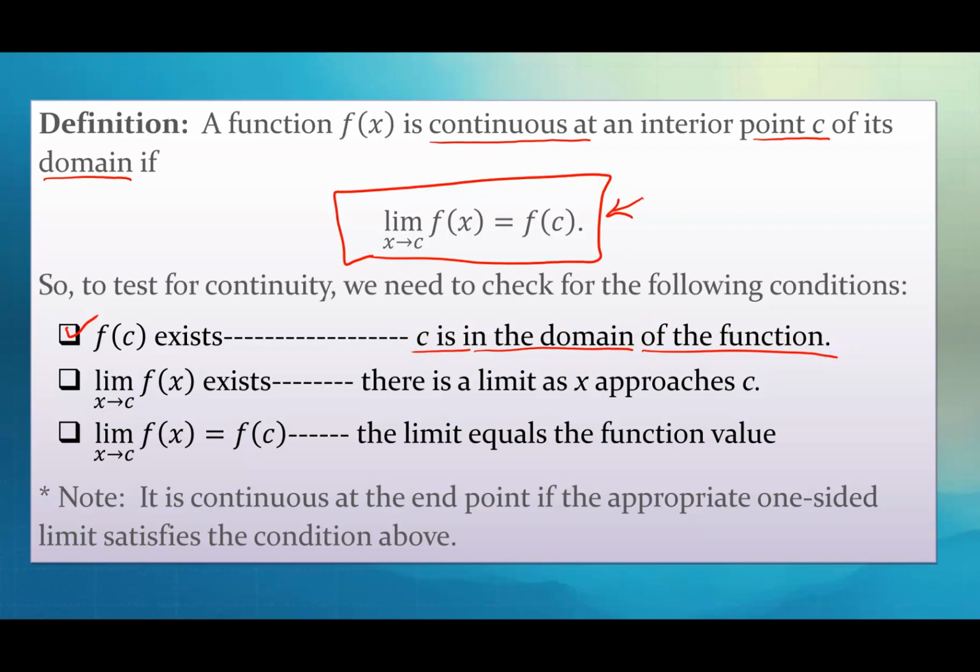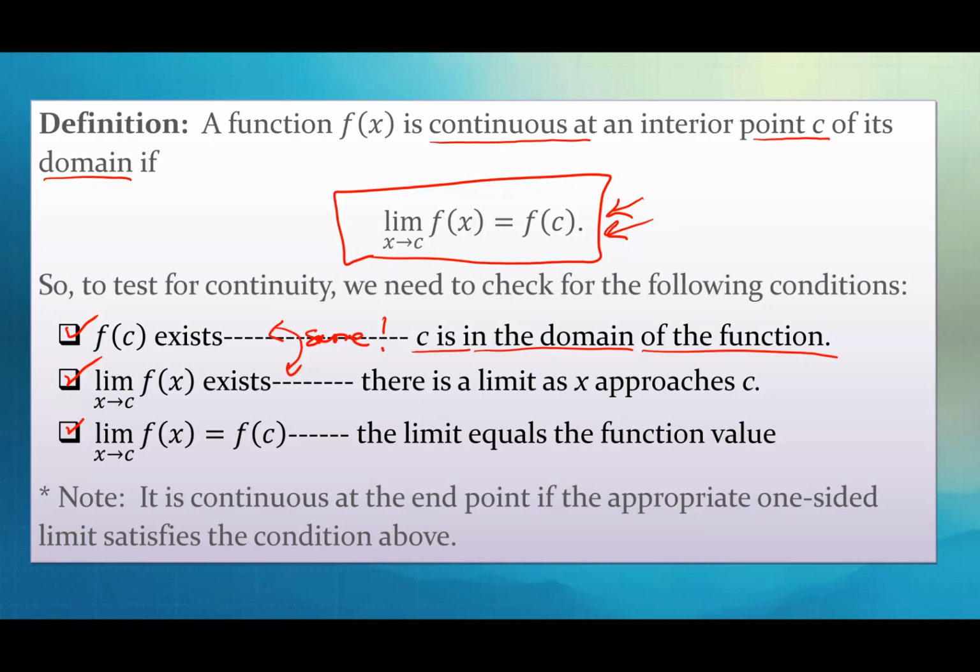Okay, and then the second condition must be, well, there has to be a limit when x approaches c. And then third, then you would say that limit now must be the same as the function value. That's the third condition.